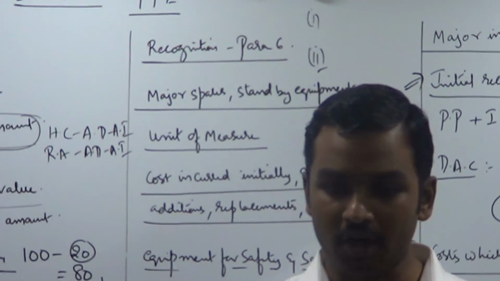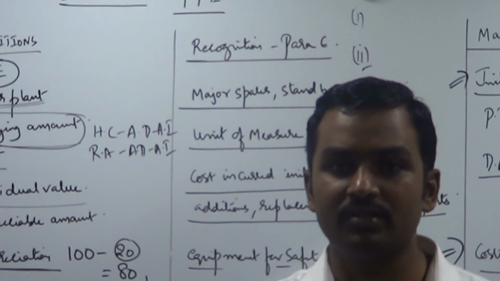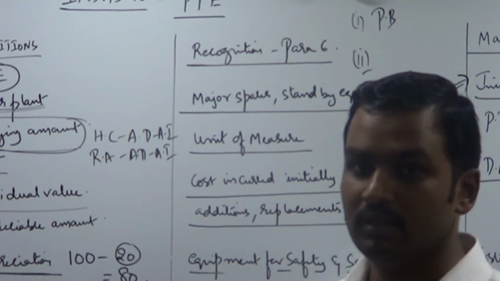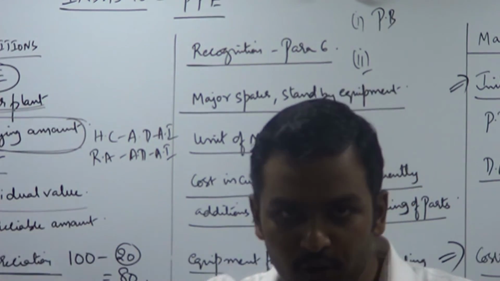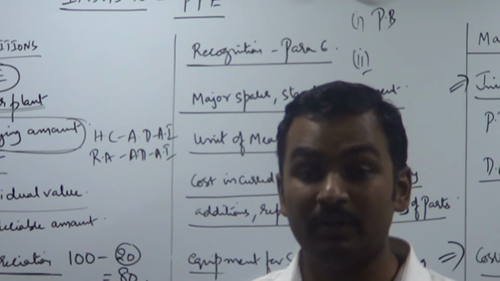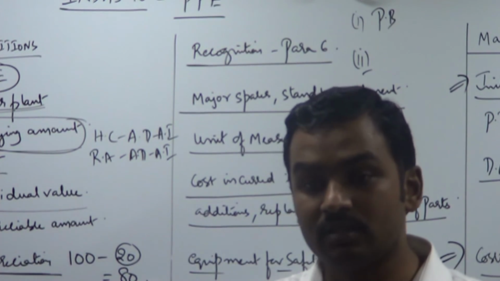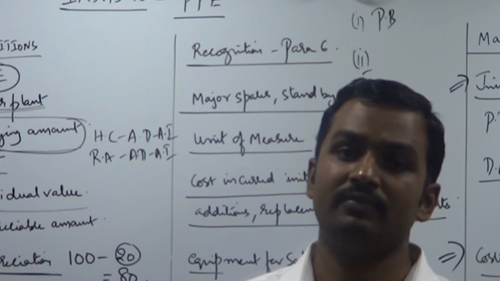Before you record an item of expenditure as an asset in your books, what are the conditions to be satisfied? One, probable benefits. It should be probable that in future economic benefits will flow from the asset to the entity. That means more likely than not. In the economic conditions which we can estimate, the asset is going to generate economic benefits for us.